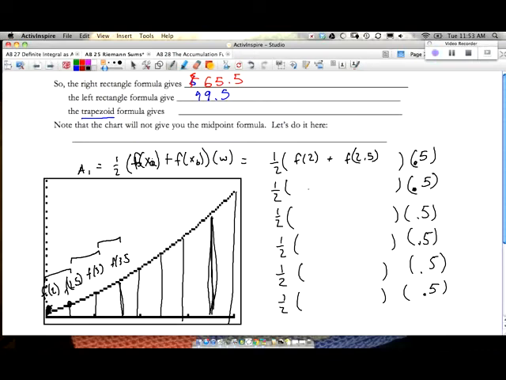Those are our two heights. But then for the next box, we have f of 2.5 and f of 3. And then we got f of 3 and f of 3.5. We got to work our way all the way up until we get to here, f of 5.5 and f of 6.